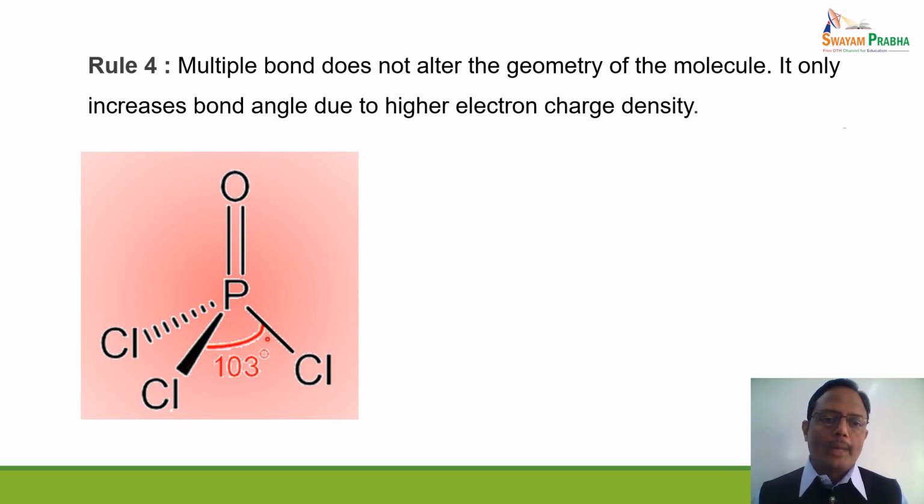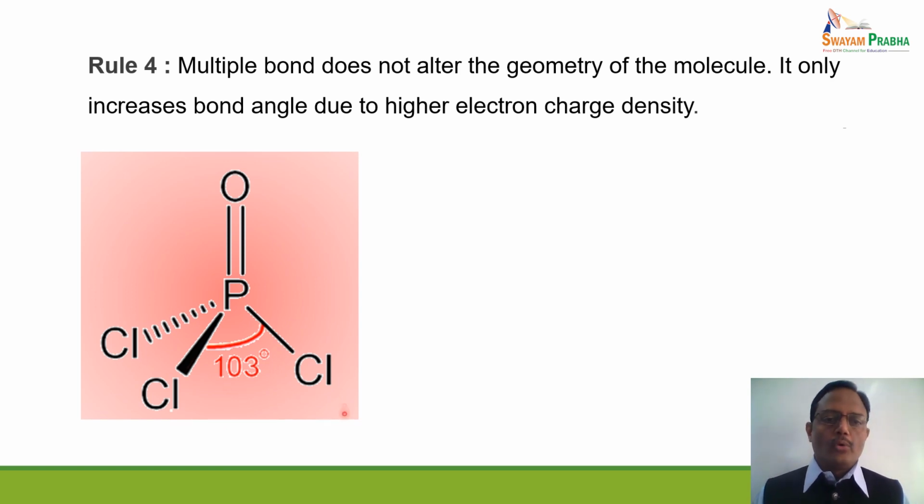So bond pair repulsion will be more in this case, and as a result the angle between these bonds will definitely decrease, while the angle between these bonds will definitely increase. So the bond angle decreases from the natural bond angle of 109.5 degrees in tetrahedral geometry to 103 degrees in the case of the POCl3 molecule.